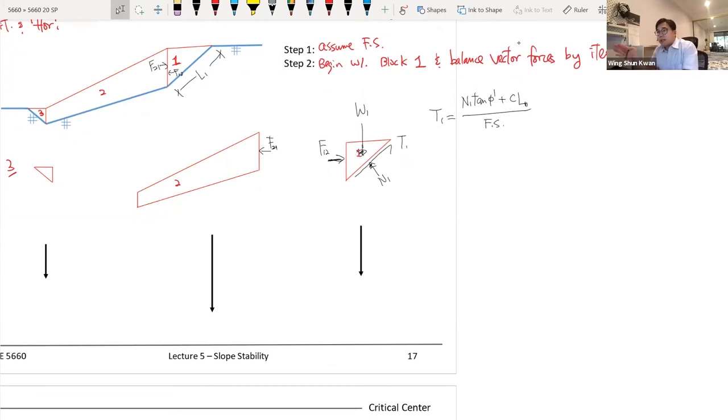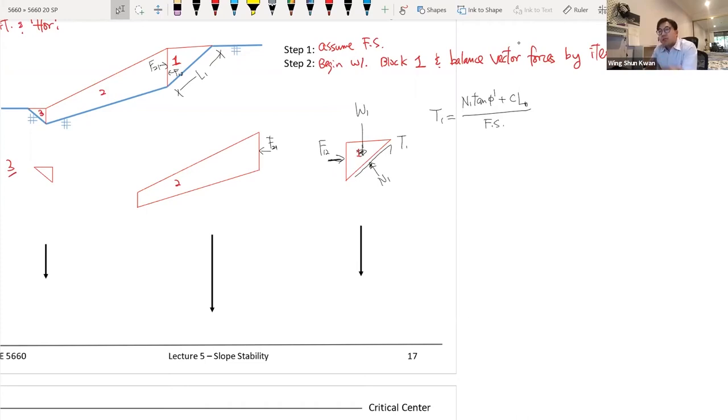So that's why it can be tedious. You never know what factor of safety you should start with. You will go through iterations. If you assume one value and at the end of the day you realize you're far off, then you will go back to try another one, and after a couple of times you will get a sense of what factor of safety you should use.